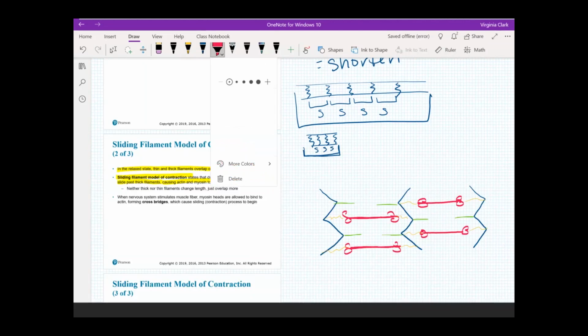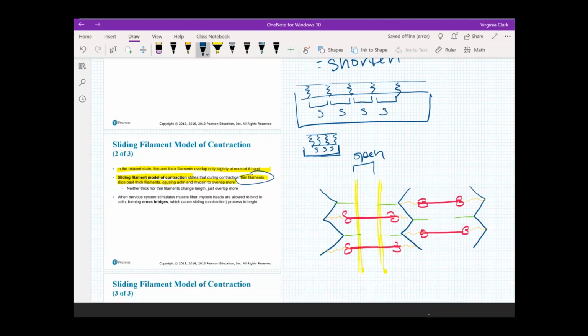What we mean with the sliding filament of contraction is right here. This is the end point for our thin filaments. Right here, that's where the green ends, and right here. All of this is essentially open space. And what we're saying is when we have the sliding filament model of contraction, thin filaments slide past thick, causing them to overlap.